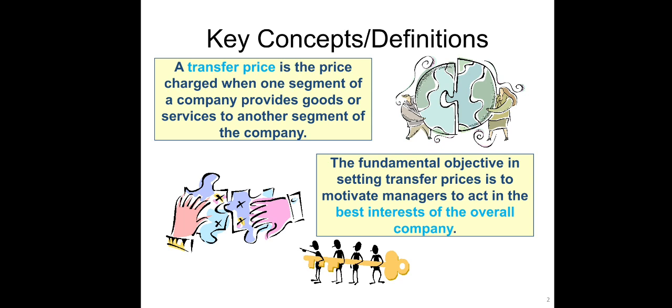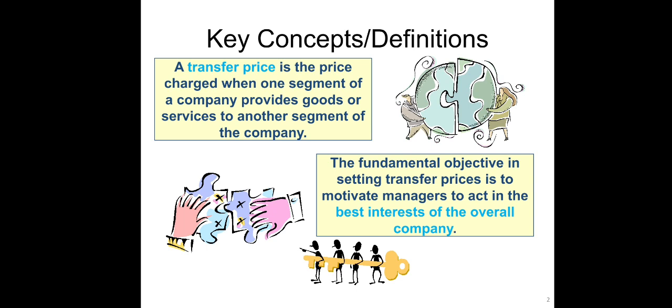Under the air condition segment of Panasonic, there is a sub-segment or a small segment called Panasonic air condition, and also there is another sub-segment called Panasonic compressor. Compressor is one component of the air condition.